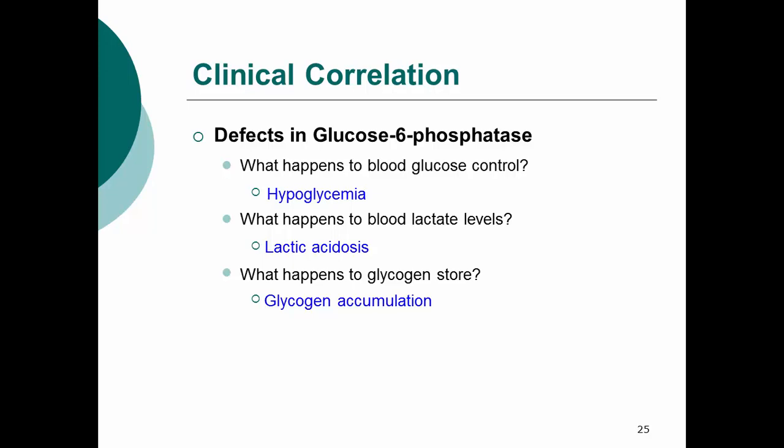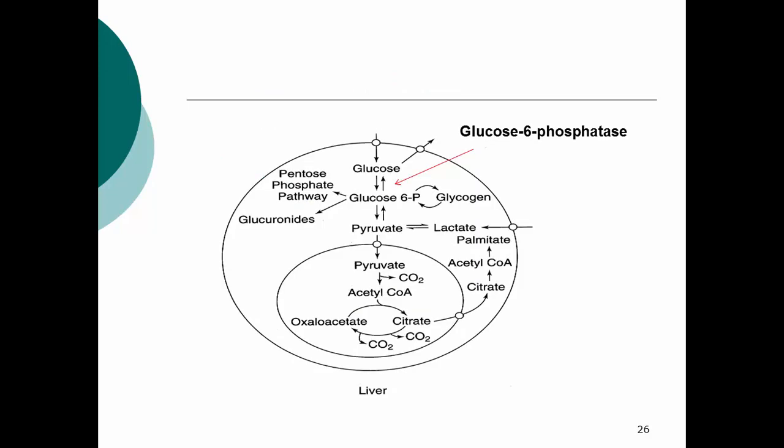So try to remember, these two cases have different consequences in terms of glycogen stores. This just gives you an idea of what this enzyme does, to convert glucose 6-phosphate to glucose.